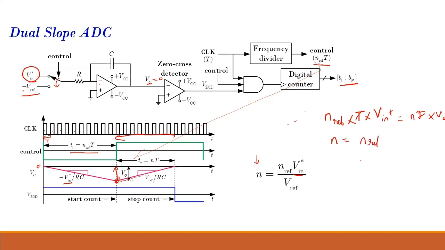So my N is equal to N ref into V in star upon V ref.